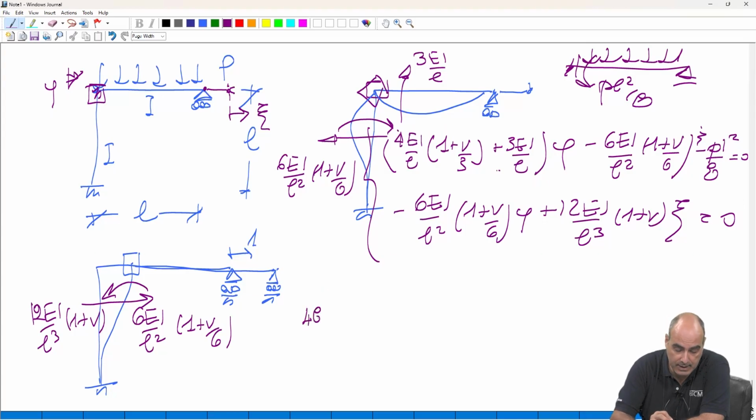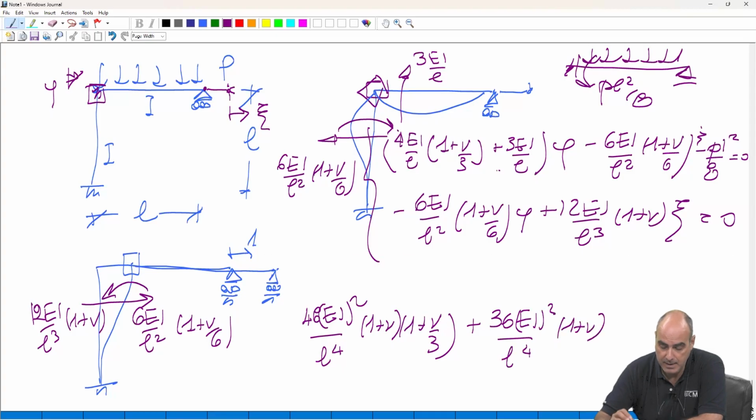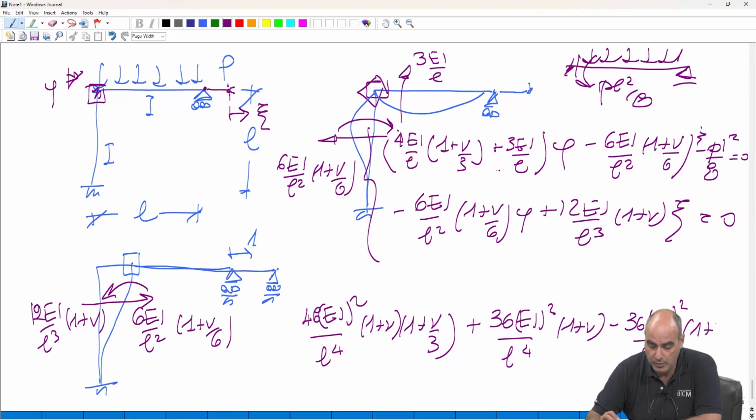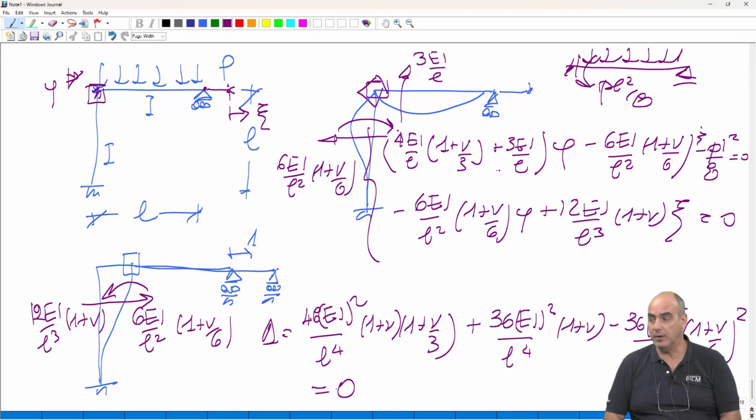We have 48 EJ squared, L over 4, (1 plus n over 3), plus 36 EJ squared over L4, (1 plus n), minus 36, which is this. You see, minus, minus, plus, but that term has to change its structure. EJ squared over L4, (1 plus n over 6) squared. This is the determinant, and this has to be equal to 0.